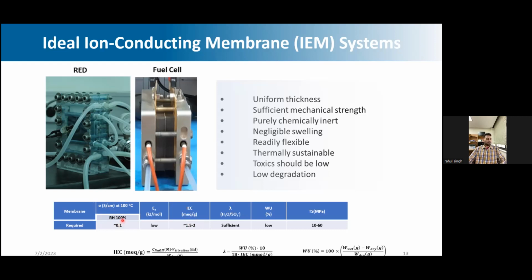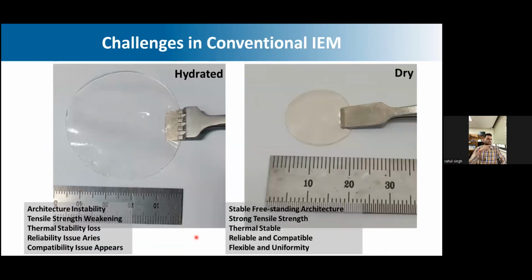But the problem is that when we increase the ion exchange capacity to a certain level, the membrane loses its structure, and swelling is the major problem that arises. In the next slide, there is some result from our lab.